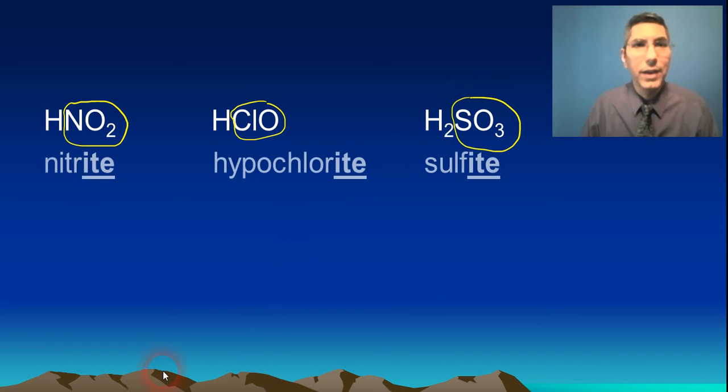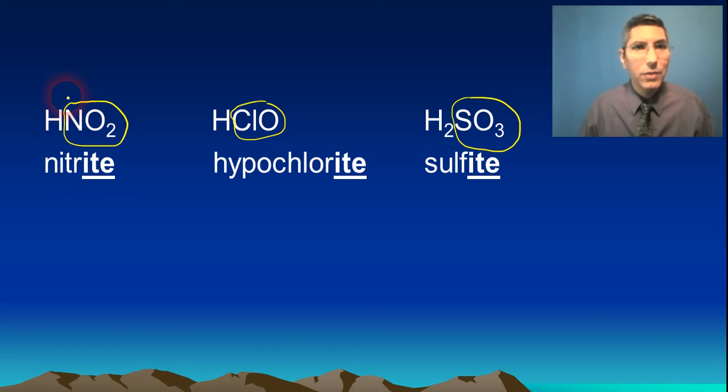So NO2 is called nitrite, ClO is the hypochlorite ion, and SO3 is called sulfite. So the way this works is we drop the ite, and this time we replace it with us, O-U-S.